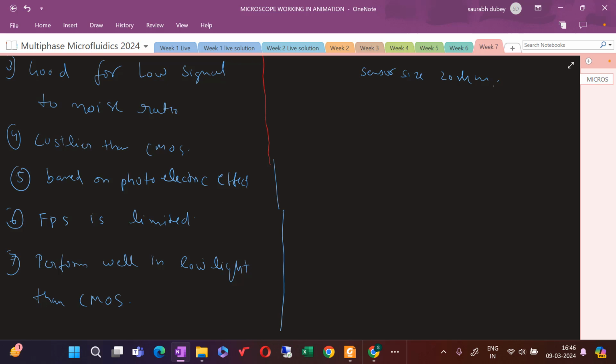The sample, meaning the flow, has one of its phases, often the liquid or continuous phase, seeded with fluorescent particles, which are called fluorophores. So with these fluorophores, what will happen?